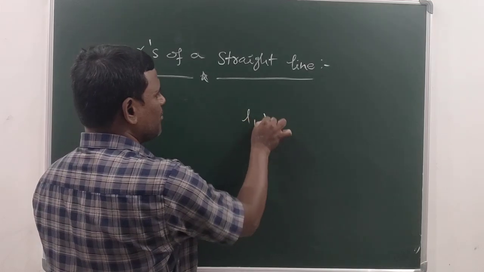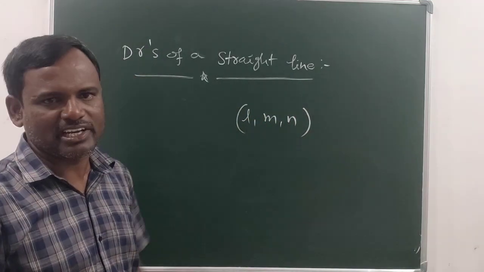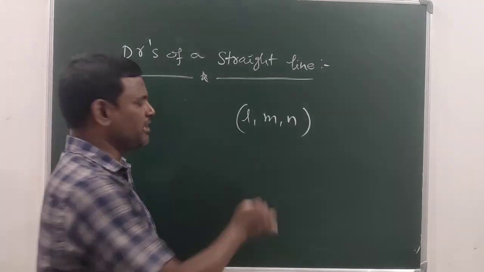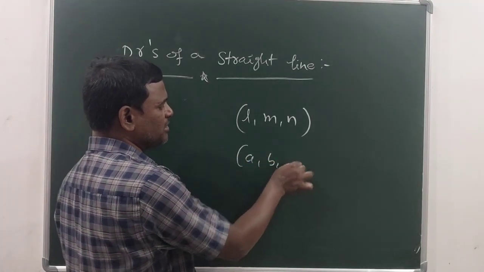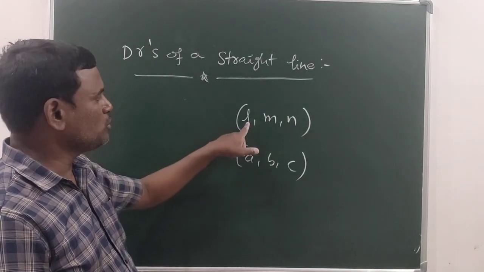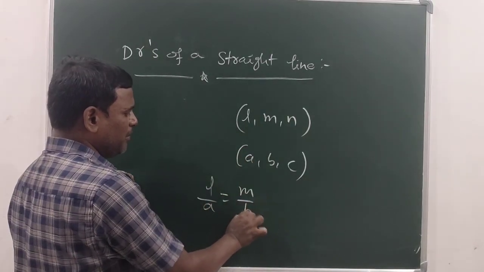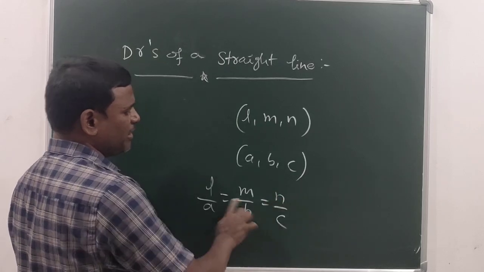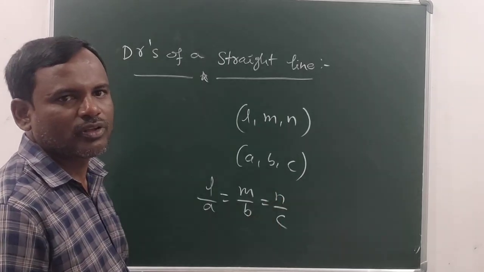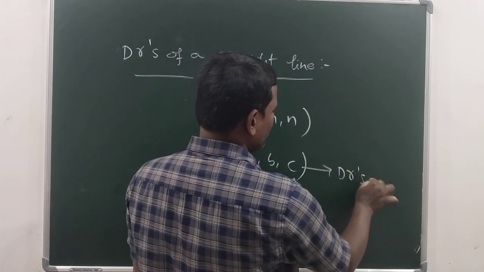What are l, m, n? Direction cosines of a straight line, and whose proportionate values like a, b, c, which are proportional to this, means if you find l by a, m by b, n by c, you get same ratio. So these are said to be DRs of a straight line.